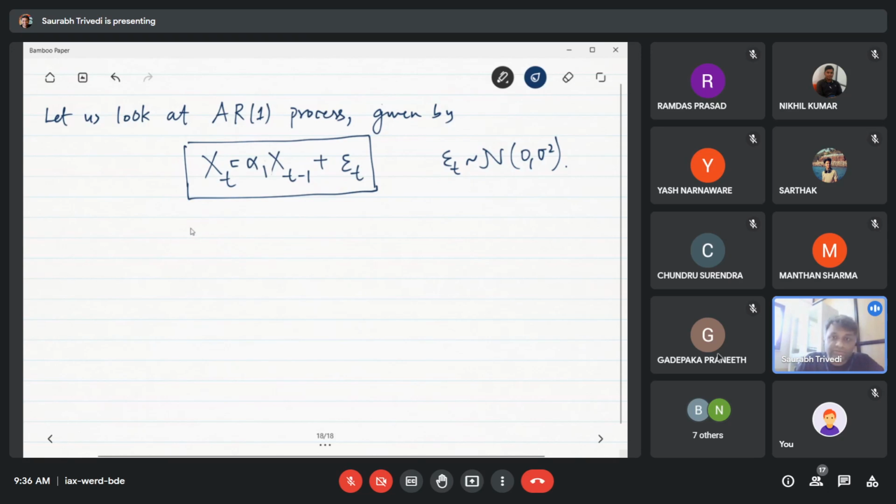So what I can do here is write xt as alpha xt minus 1 plus zt. In my notes I wrote zt, so let me write it here as zt.